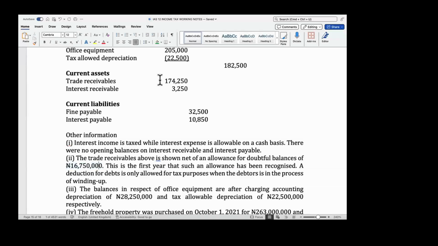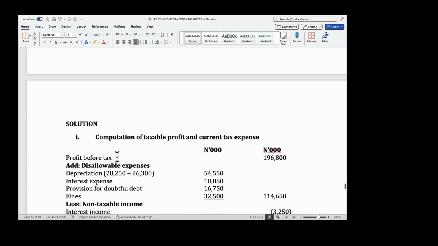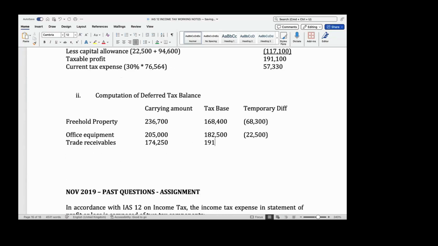So for the tax base, add 174,250 to 16,750. What would that give us? 191,000. So what's the difference? 16,750. Is this a deductible temporary difference or taxable temporary difference? Deductible. So deductible temporary difference.